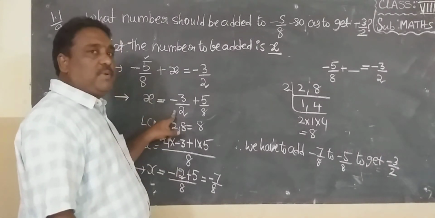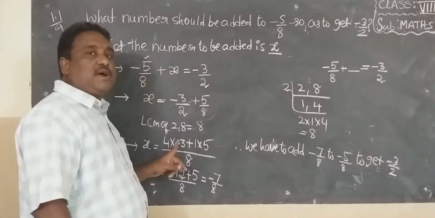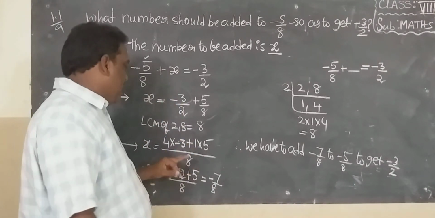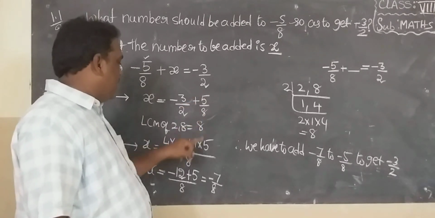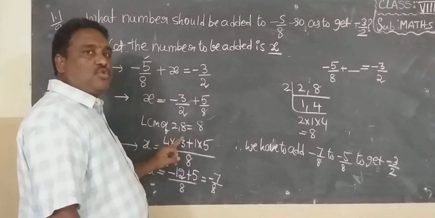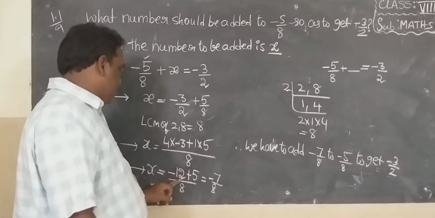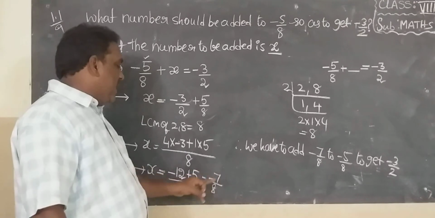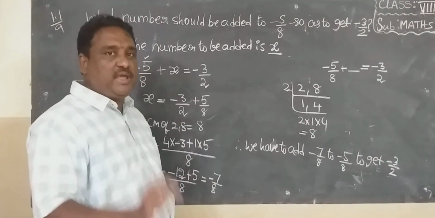What is the numerator? Minus 3. It becomes 4 into minus 3. 8 table 1 time, so it becomes 1 into 5. 4 into minus 3, minus 12. 1 5s are 5. So let us do subtraction. Minus 7 by 8. So the second fraction is minus 7 by 8.